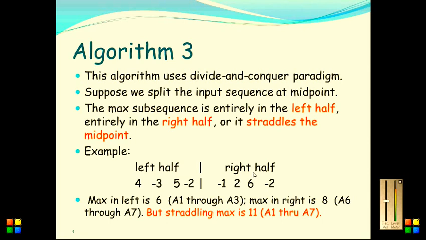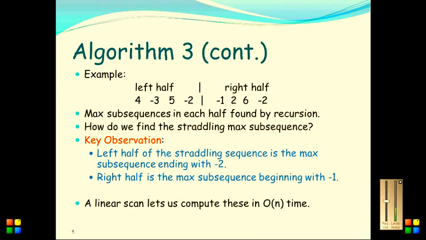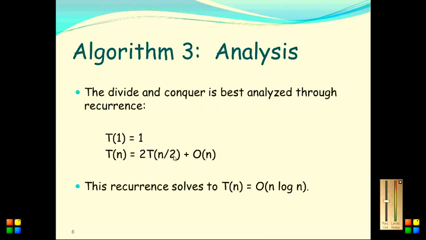If we simply combine those two subsequences, that gives you the straddling sequence. So the algorithm is fairly simple. You just split the list in two, call it recursively, and then compute in linear time the straddling sequence. And if you solve this equation, it will give you order of n log n, which is a huge improvement compared to order of n cubed that we started with.